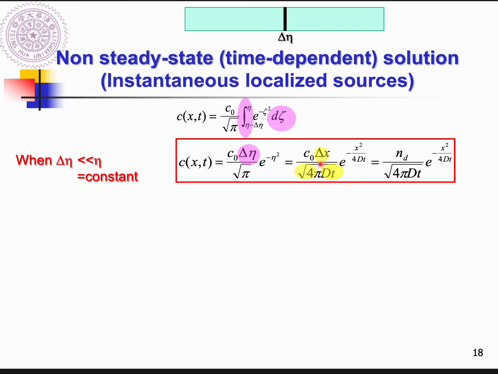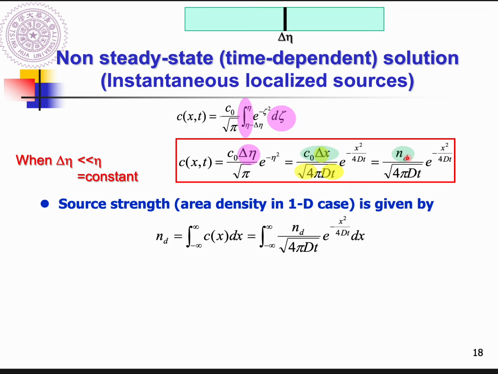Next, what is C0 times delta x? Delta x is the thickness of the diffusing atoms, so it is times the concentration of the diffusing atoms. You get ND, which is the source. We call it the source strength. If the unit for concentration is number per unit volume, and you multiply by the distance, you get the area density, right?